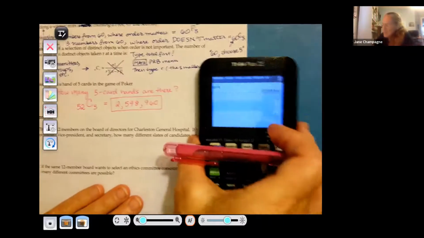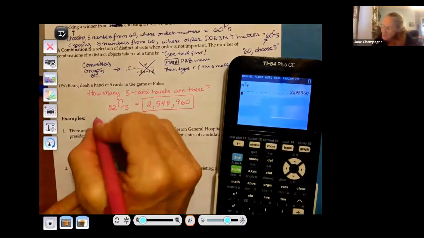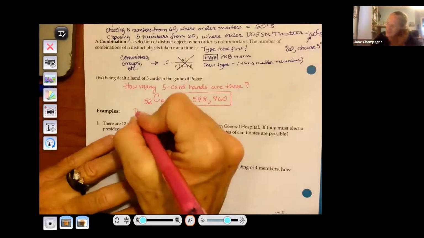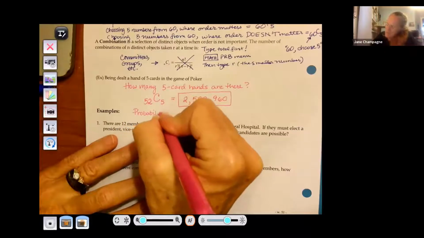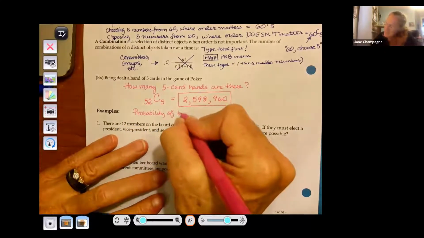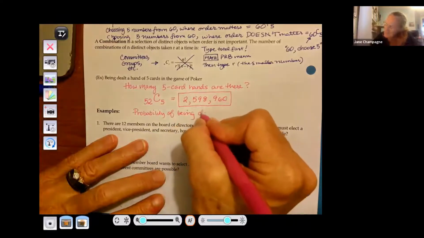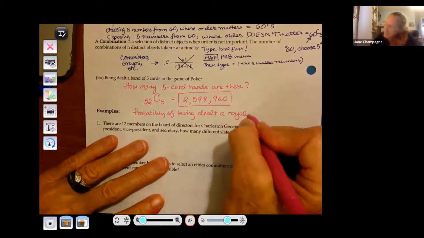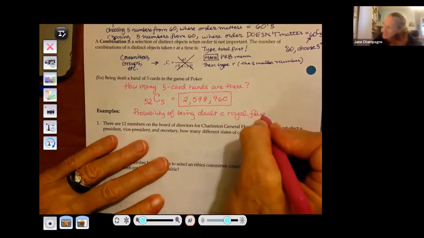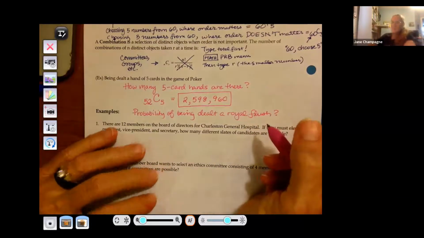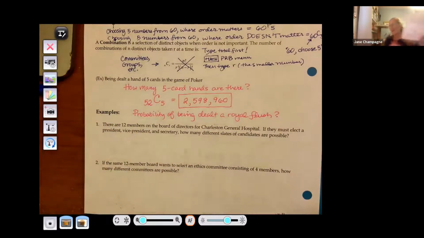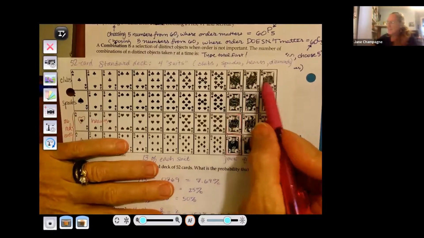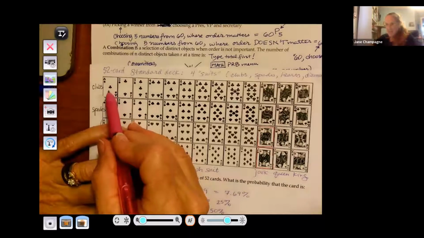In fact, you could look at, for example, what's the probability of being dealt a royal flush? A royal flush is the 5-card hand that has the 10, the jack, the queen, the king, and the ace, all of one suit.